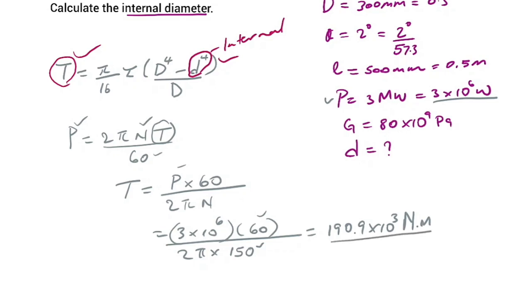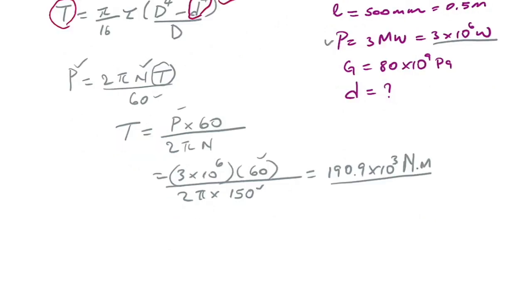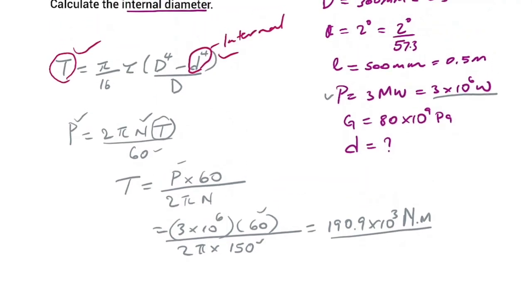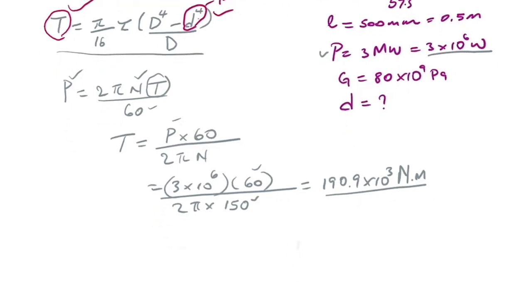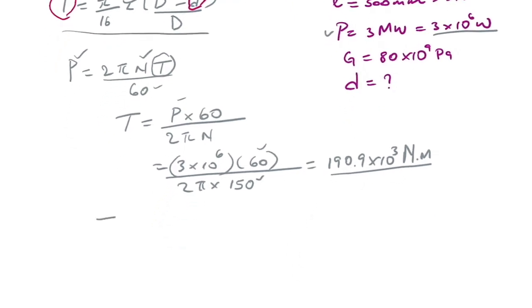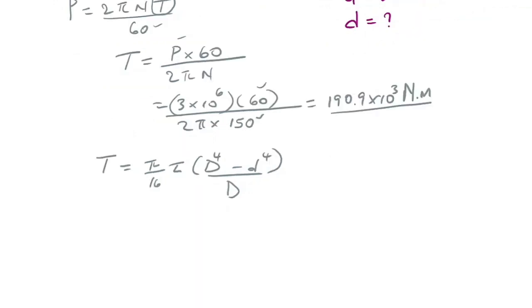Now that we have found this torque, we must go back to the torque formula, because our goal is to find the internal diameter. The torque equation is torque equals pi divided by 16 times the shear stress, times the external diameter to the power 4 minus the internal diameter to the power 4, all divided by the external diameter.